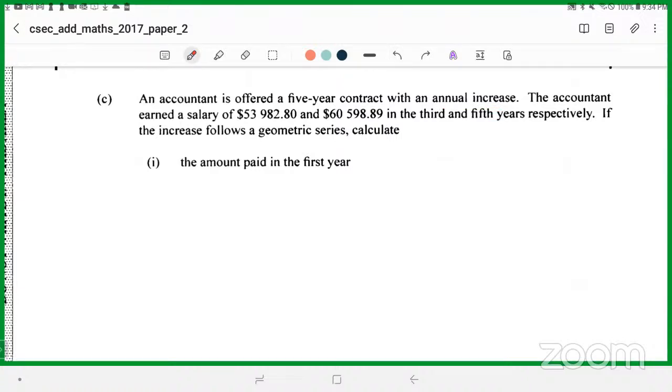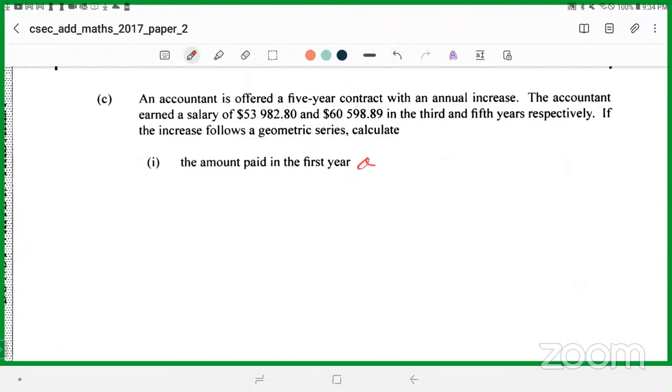The accountant earned a salary of this amount and this amount in the 3rd and the 5th year. So this is the 3rd term and that is the 5th term. It says, respectively, if the increase follows a geometric series, calculate the amount paid in the 1st term.